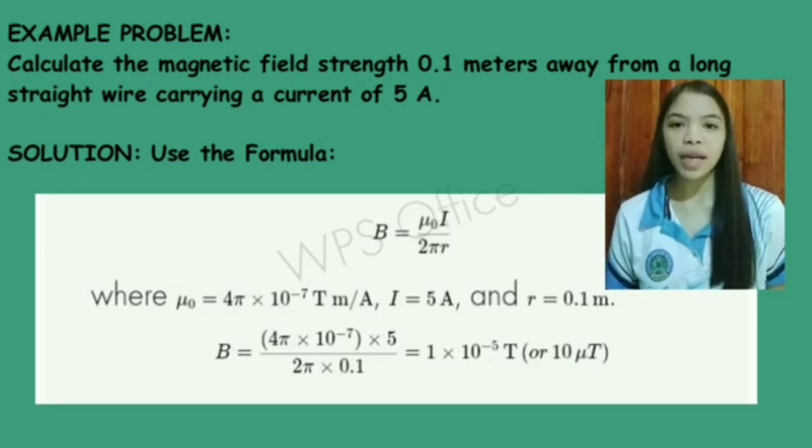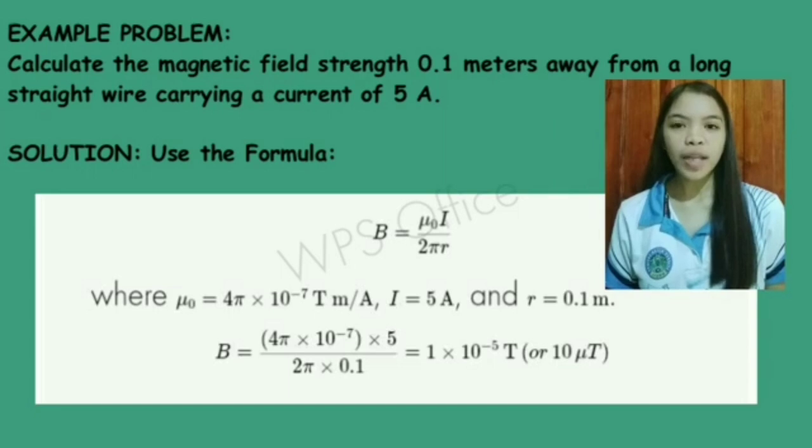Then the pi terms cancel each other out, simplifying our equation to B equals 4 times 10 raised to the power of negative 7 times 5 over 0.2. Calculating the numerator gives us 20 times 10 raised to the power of negative 7, while the denominator is 0.2.